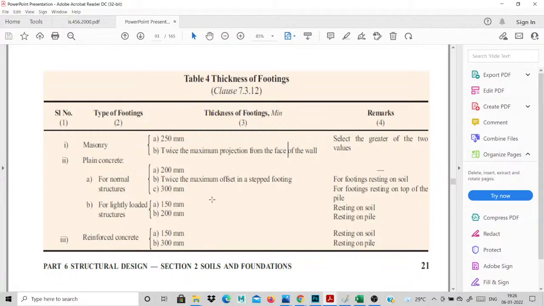This is the main condition, taken from NBC 2016, page number 21. It's available on the internet, so please download and refer to it. The minimum thickness for your RCC footing is 150 mm, and for piles you go for 300 mm.